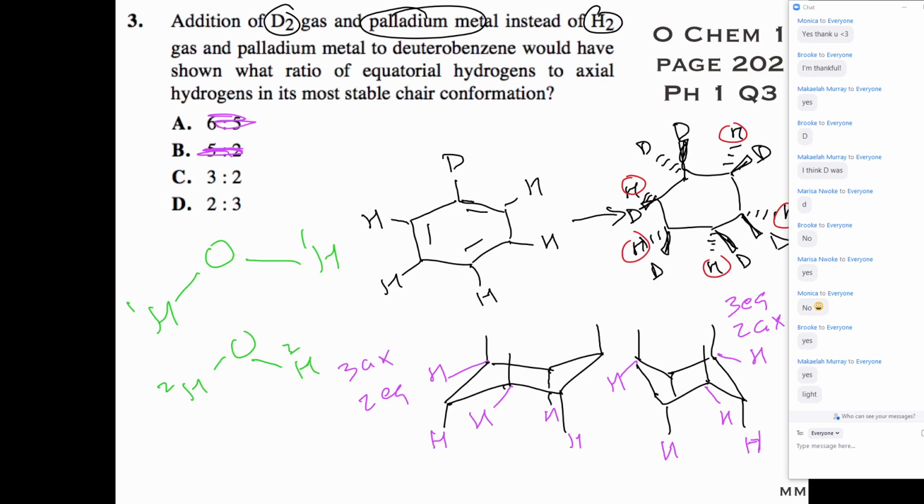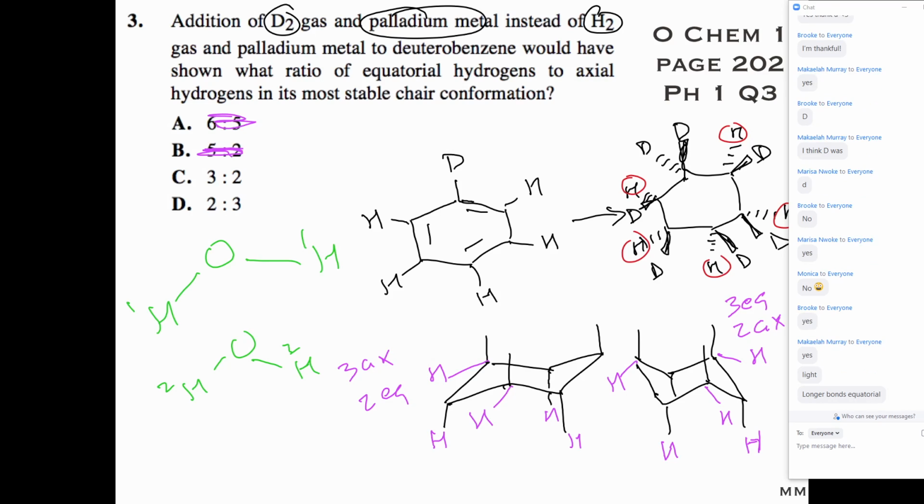Long story turned into a shorter story for this one. Which one do you want: the longer bonds equatorial or the longer bonds axial? Longer bonds equatorial, exactly. So you want axial D's and equatorial H's.